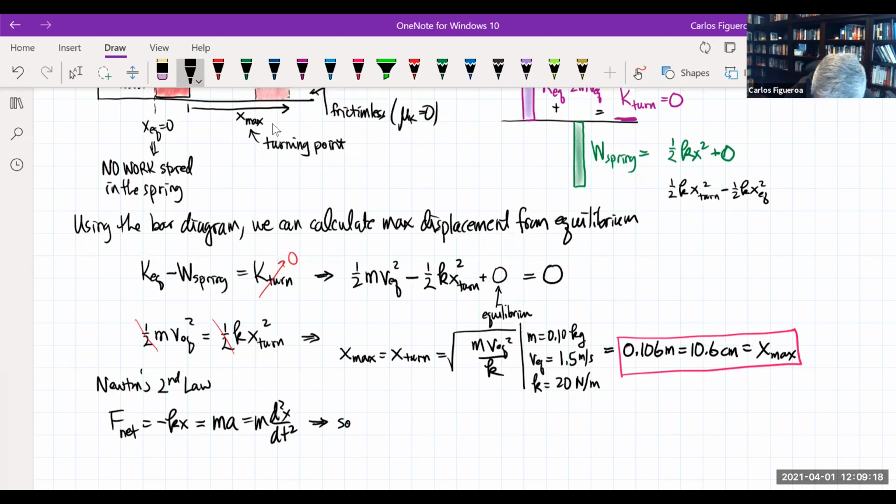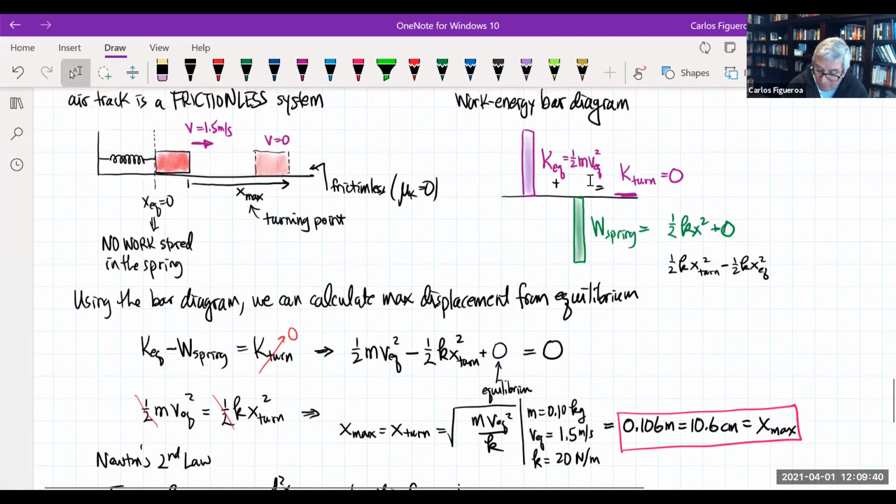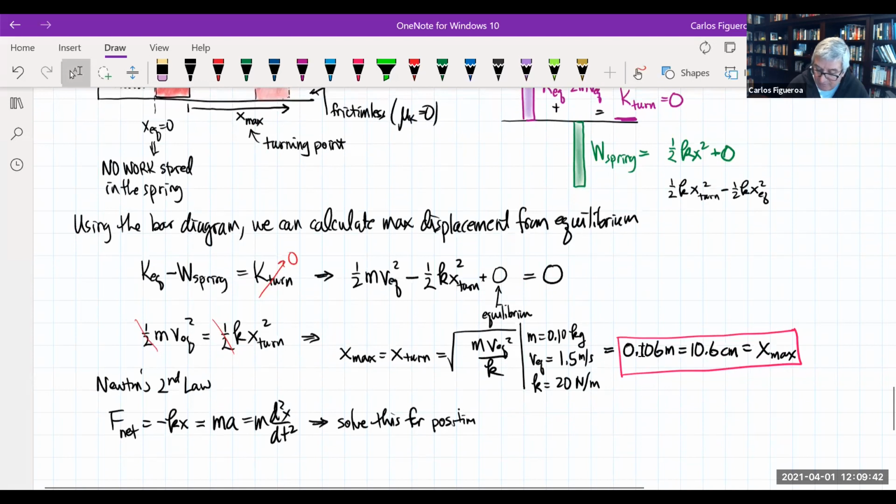So I solve this for position, excuse me, and then I look at the equation and judge when it is at maximum. Dude, this is so much easier, right? Look at that, from the picture I went right here. That is so much easier.